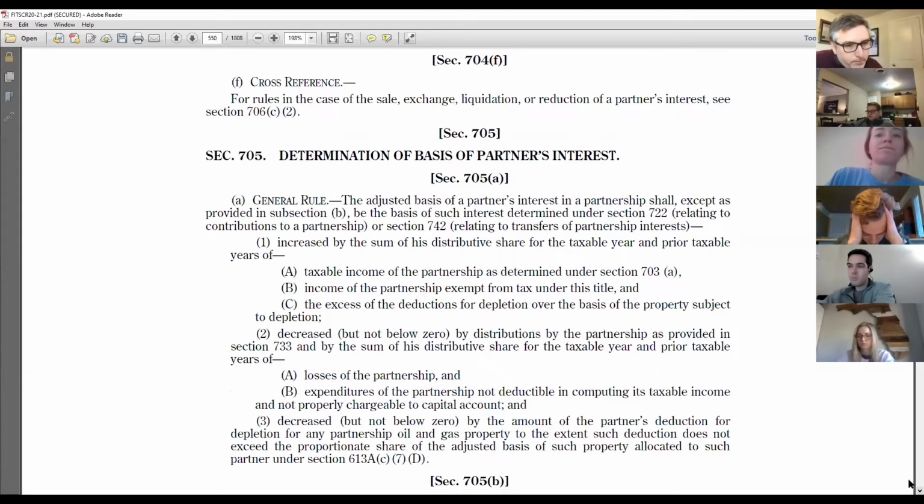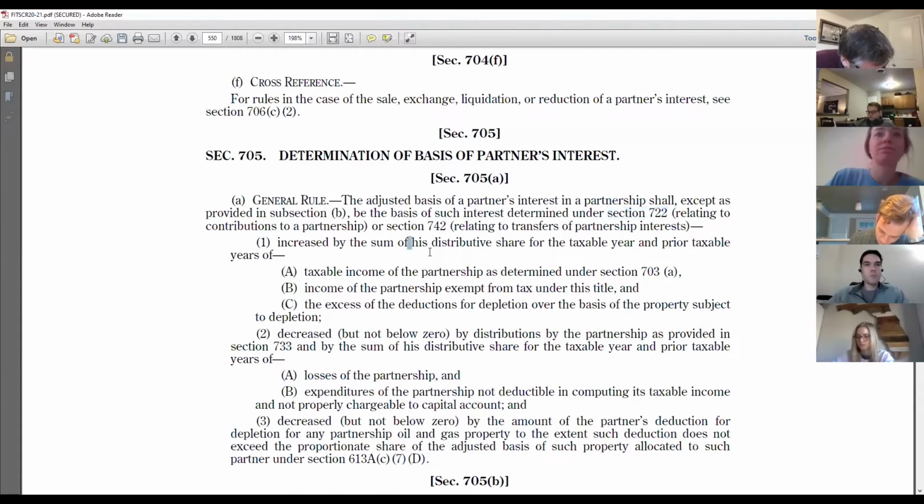These are the rules for calculating someone's outside basis. It says the adjusted basis of a partner's interest in a partnership, and again, it's a long-winded way of saying the outside basis, shall be the basis of such interest determined under section 722. That means a carryover basis from whatever you contributed.